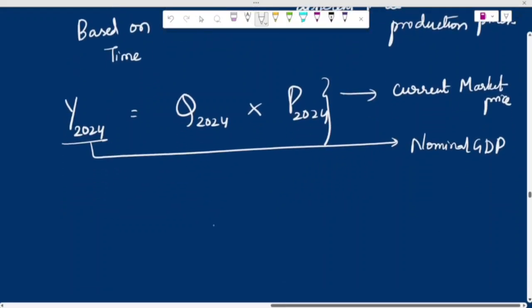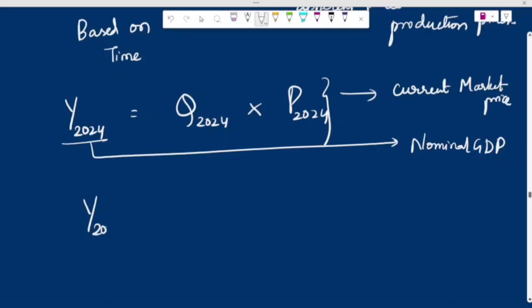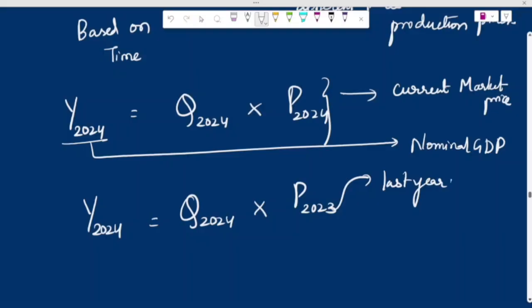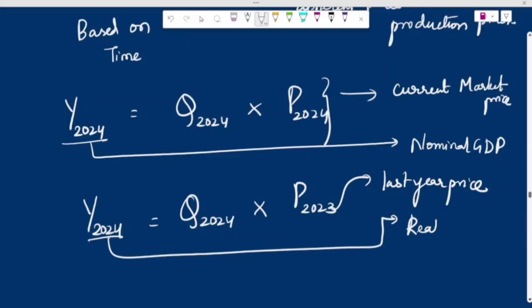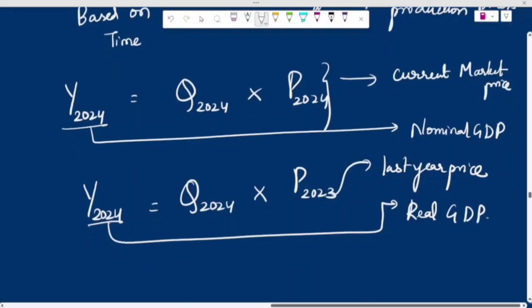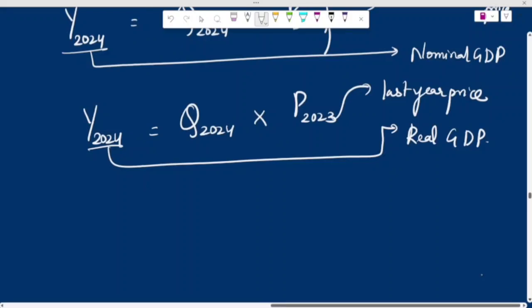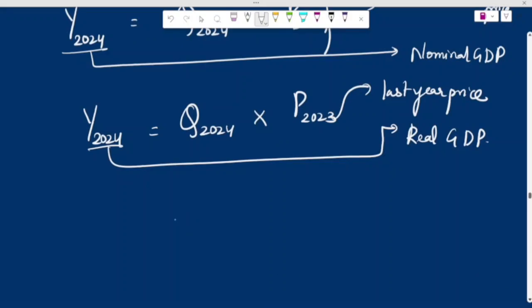If this GDP equals quantity, 1 car, but I am taking the price of the previous year, the last year price, and comparing it, how much is the GDP? This GDP will be called real GDP. Why? Because the price changes with the change in time. So if I have to compare GDP of different years, I have to take one stable year.